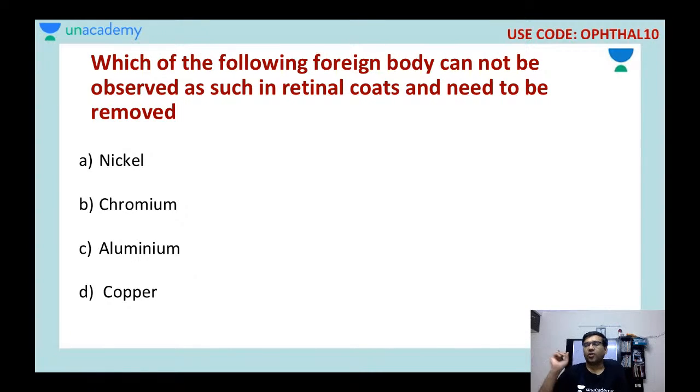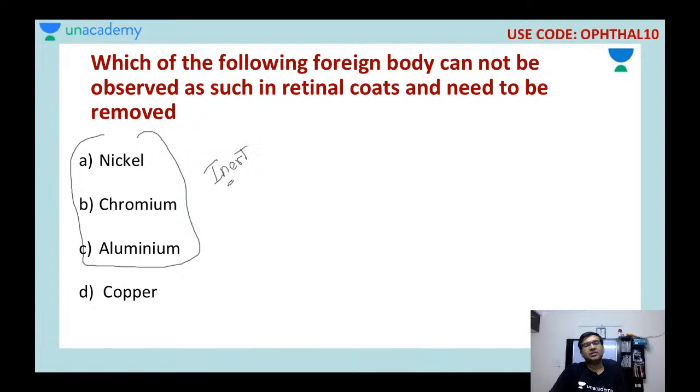Which of the following foreign bodies cannot be observed as such in the retinal coats and needs to be removed? This means the question is asking which of the following is the most retinal toxic foreign body to the eyeball. Remember, nickel, chromium and aluminium are very inert foreign bodies.